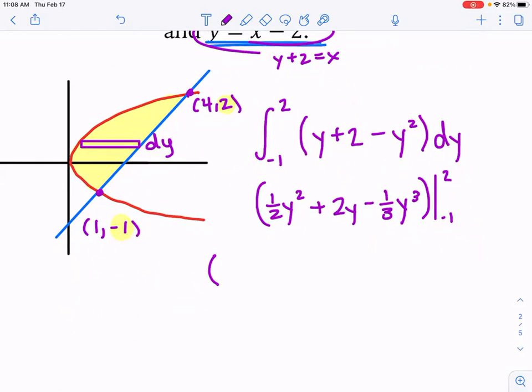What is 1/2 times 2 squared? 2 times 2. Minus 1/3 times 2 cubed. Okay. Minus the quantity 1/2 times -1 squared, plus 2 times -1, minus 1/3 times -1 cubed.